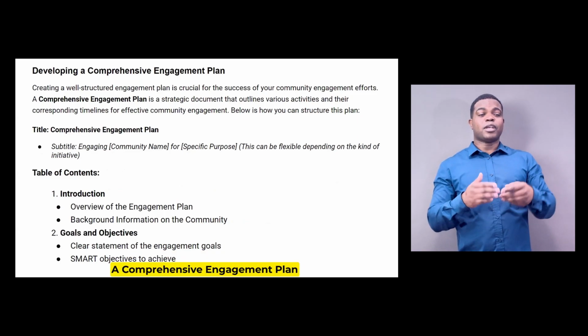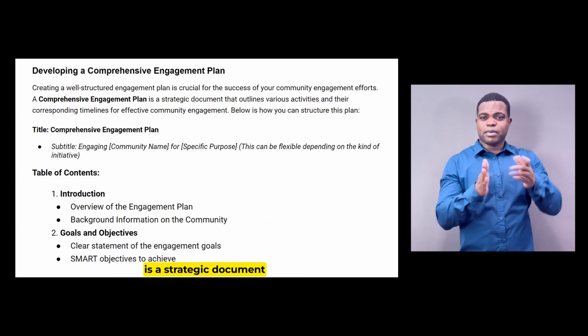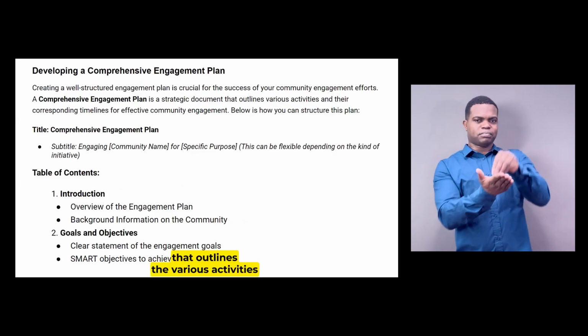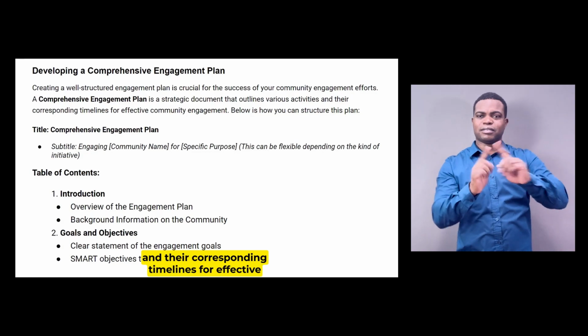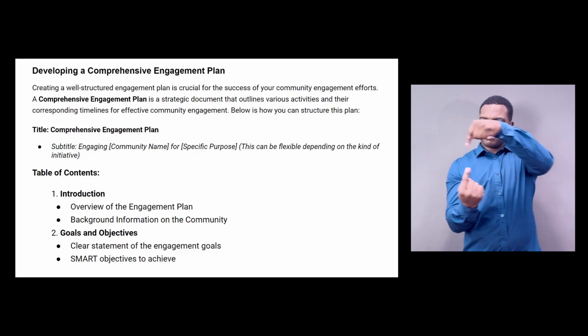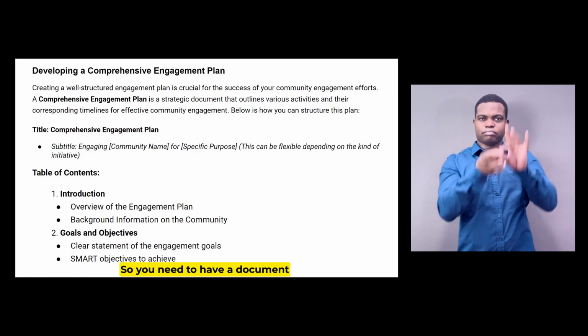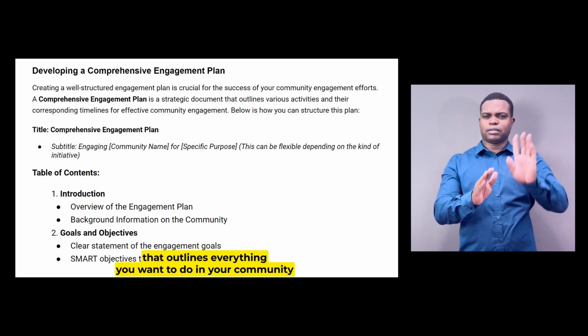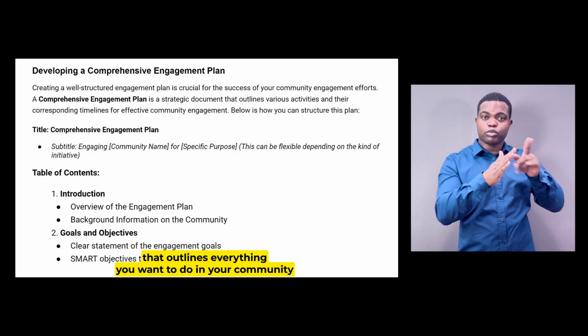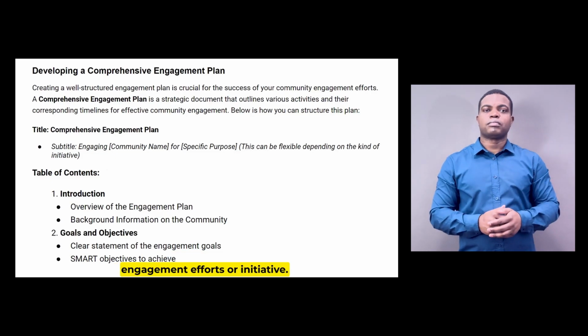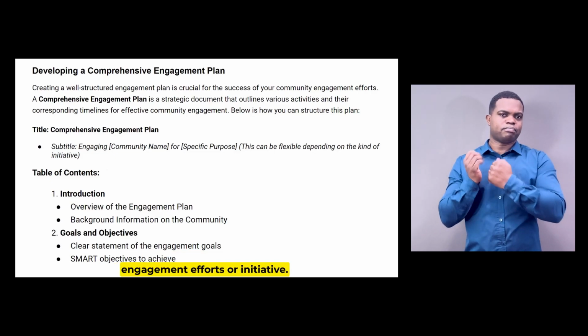A comprehensive engagement plan is a strategic document that outlines the various activities and their corresponding timelines for effective community engagement. So you need to have a document that outlines everything you want to do in your community engagement effort or initiative.